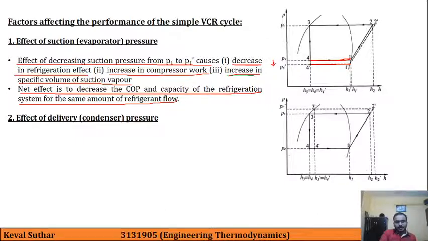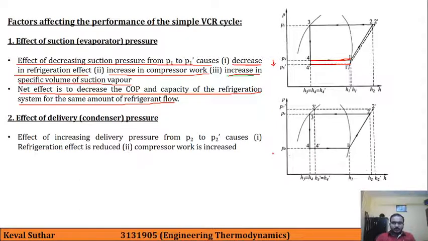Now the next condition is effect of delivery or condenser pressure. So that is the second case, this second figure here. So if we see, our original condenser pressure was this, and we have increased the condenser pressure here.